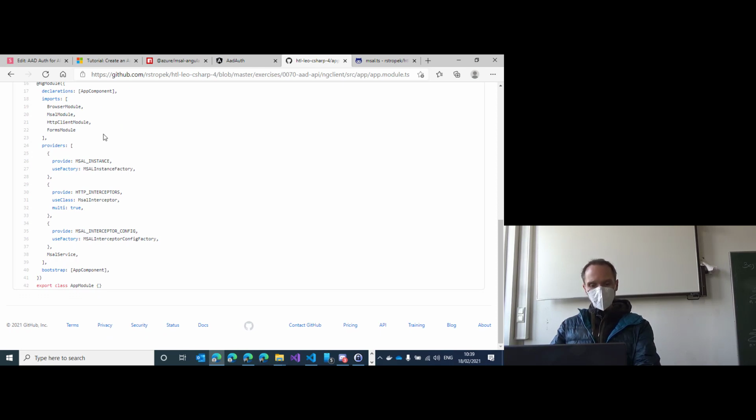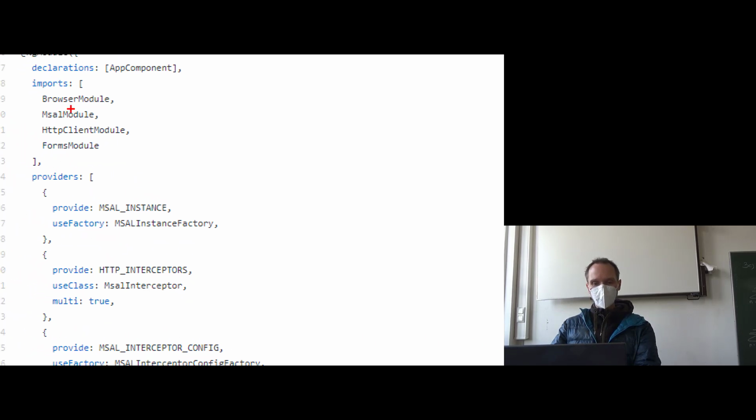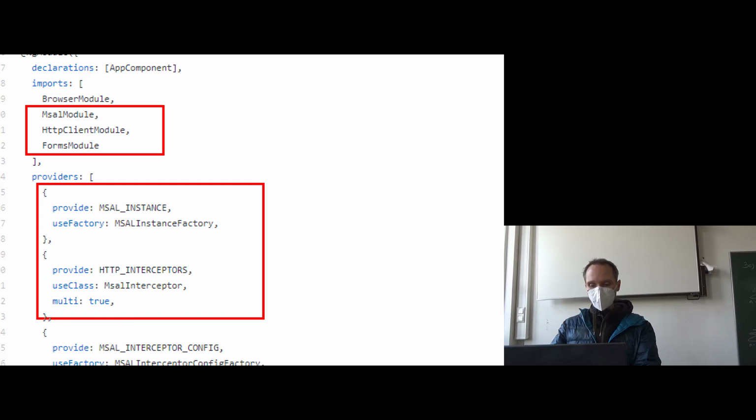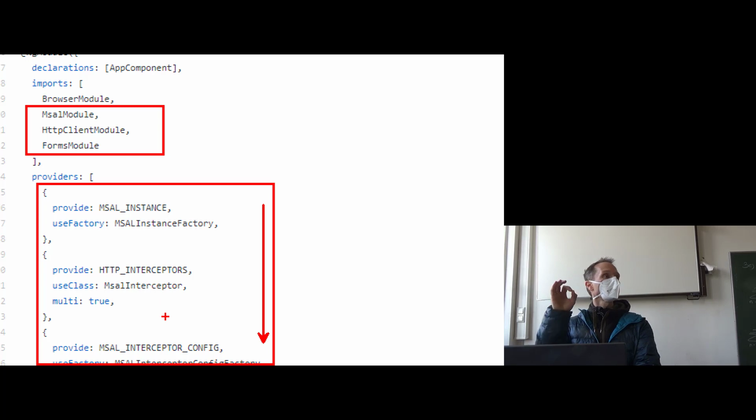The things that you need to copy into your code are these imports: Microsoft Authentication Library, the HTTP client, you know what the HTTP client is from your Angular teaching, Forms module, you probably know what the Forms module is, and then we need all these providers until down here. These providers are just registering the necessary types for MSAL. Just copy them, you will not change them, Angular just needs them, so accept that and that's it.